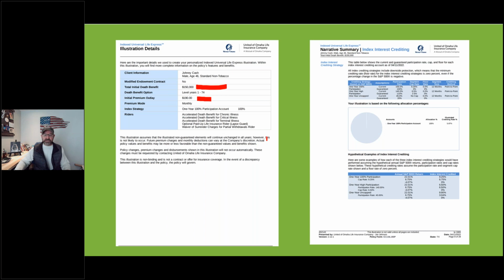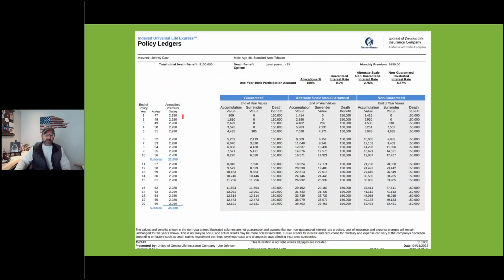Same credit strategy. Okay. Now we're putting in $2,280 a year. And again, same thing applies. You got accumulation value, surrender value, death benefit. Okay. After 20 years, the client put in $45,600 of their own money.